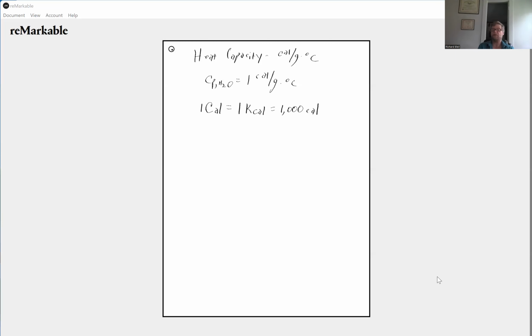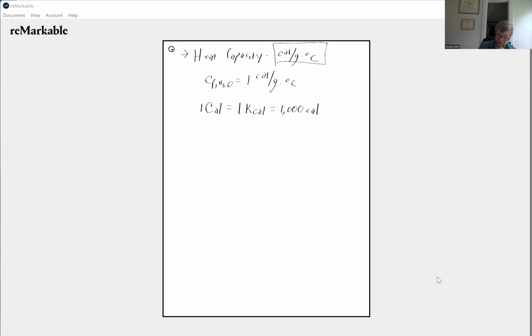So don't confuse a nutritional Calorie with a chemistry calorie. But heat capacity always has units. Looks like my book does not have a table of heat capacity, so I'll have to look some up.